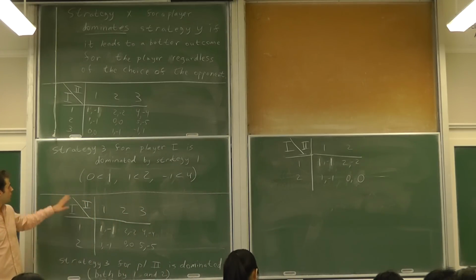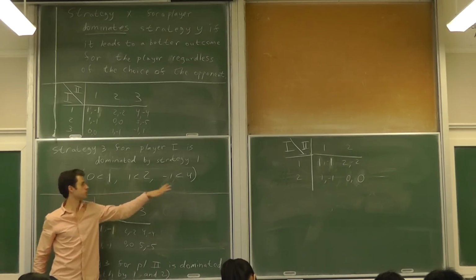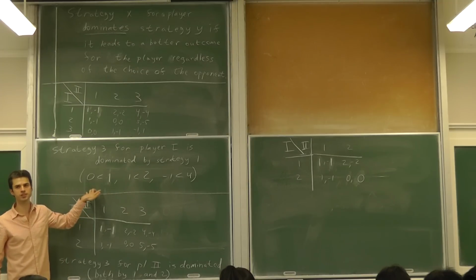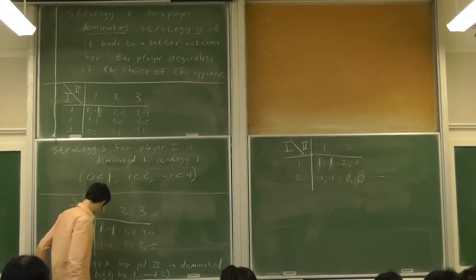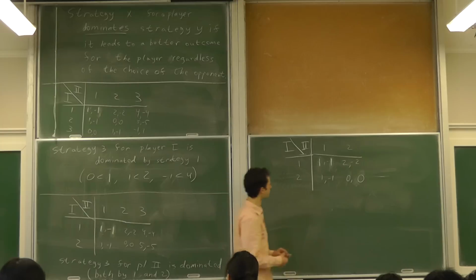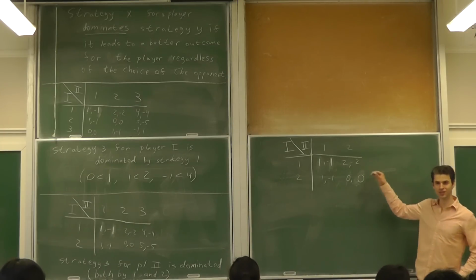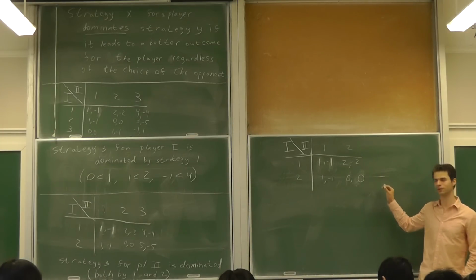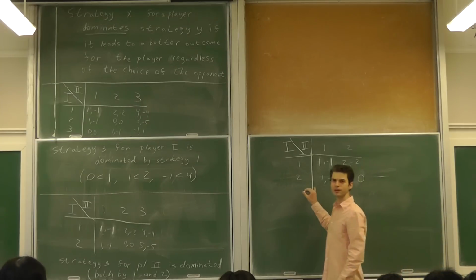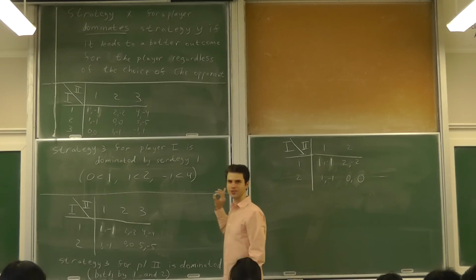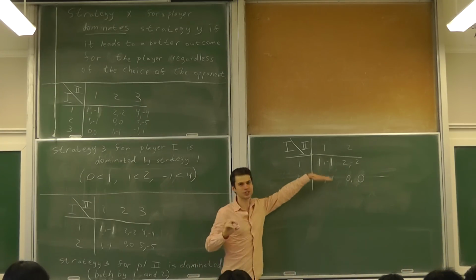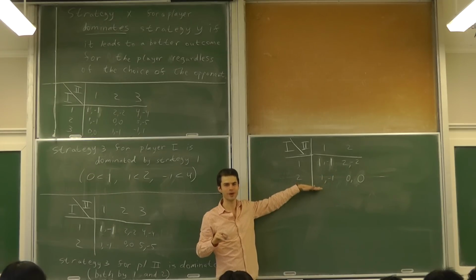So we see that the inequalities that we used previously are not affected. But now we can continue analyzing this game further. So sorry about this change. But now this is the new table for our game.